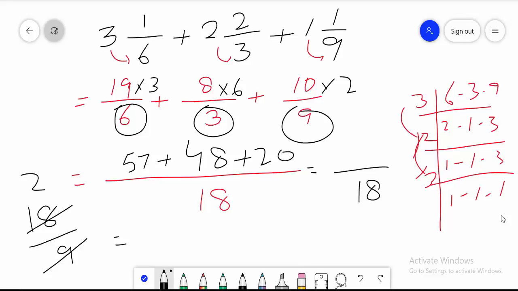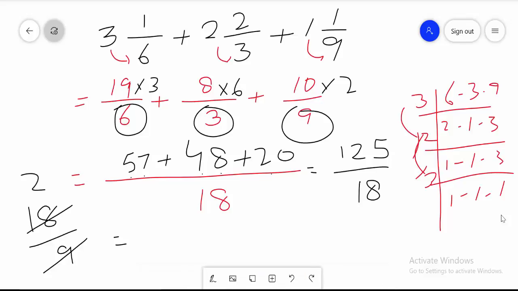Add these 57, 8 and 20. 7 plus 8 is 15, 1 carry, 5 plus 4 is 9 plus 2 is 11 and 1 is 12, 125 over 18.